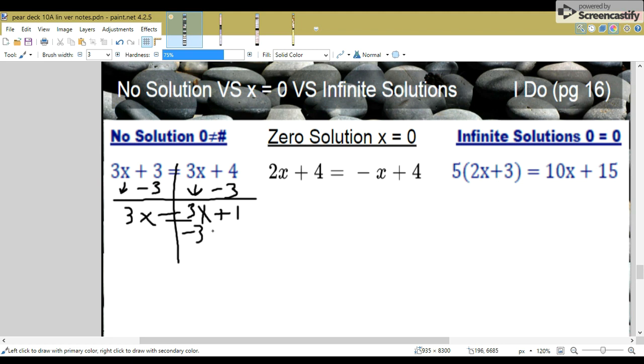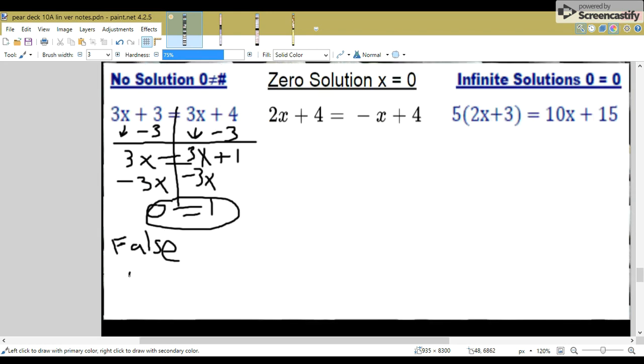Subtract 3x from each side of the equal sign. We have 0 equals 1. That is a false statement. That means that there is no solution. Zero solutions.